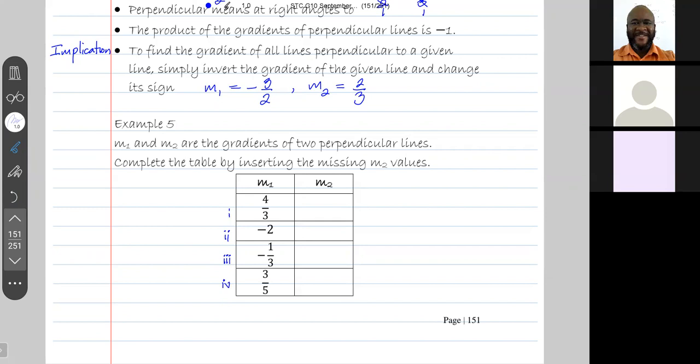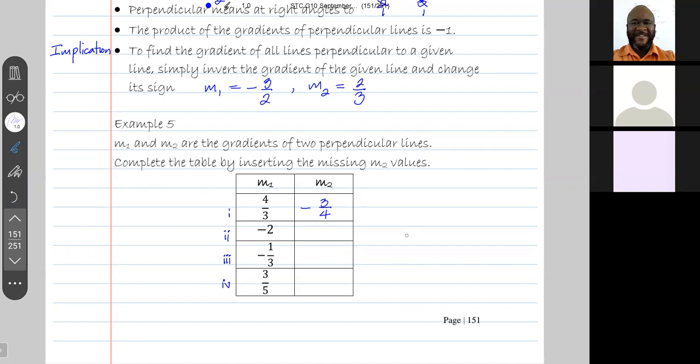Anaya, if the gradient of a line is 4/3, what would be the gradient of a line that is perpendicular to that line? -3/4. Very good. You must invert the gradient and change its sign.